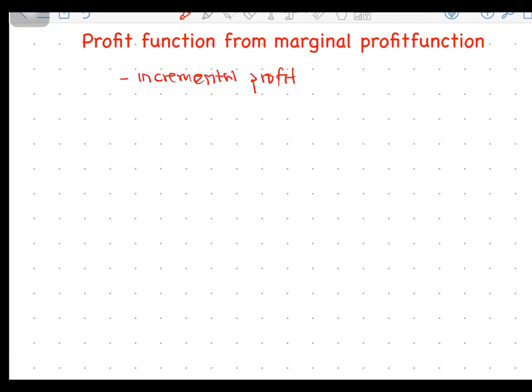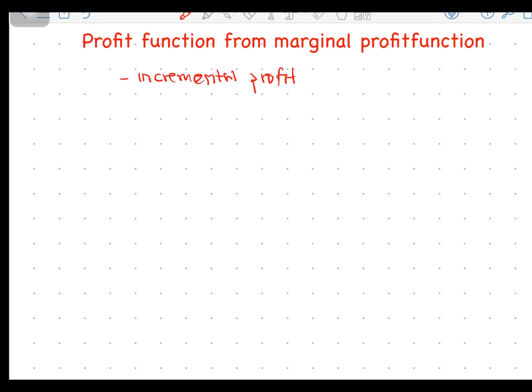So if you have the marginal cost and the marginal revenue, the difference between these two functions is going to give us the marginal profit. Just take note of that. The marginal revenue, which is your revenue for the year, minus the cost that you incur gives us your profit. So it's basically the same as what you are already doing in class.